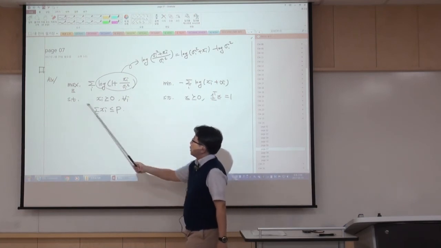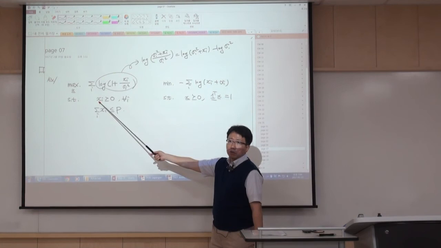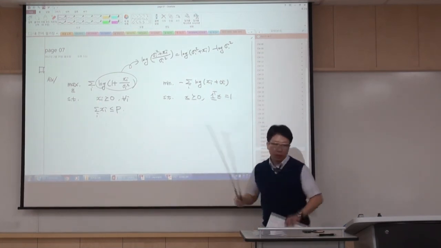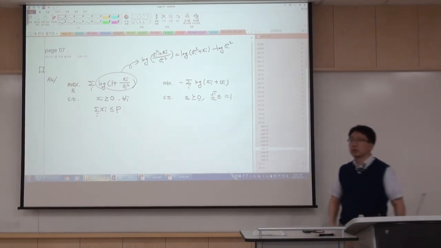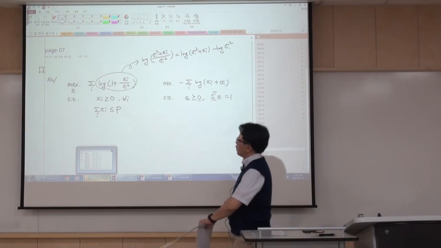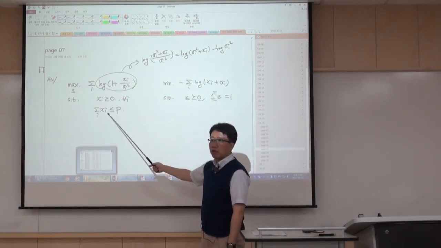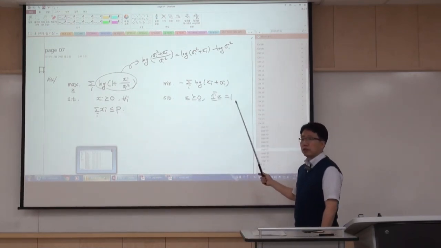Now, let's see the constraint. If you rewrite this condition in a vector form, x is greater than or equal to the 0 vector. So far, so good. Am I right? Now, you may say, wait a minute, this has an upper bound in the summation of xi, but this has equality and 1.